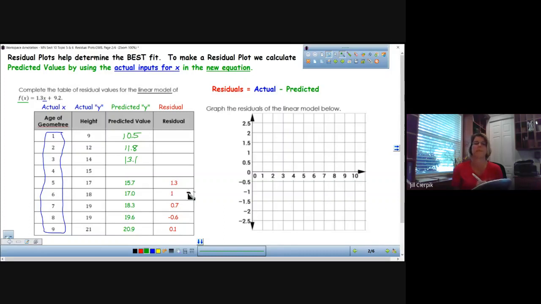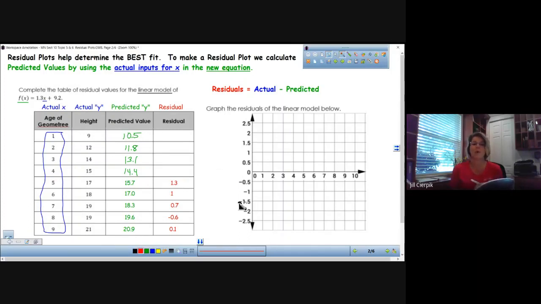Let me double check. Yep. And then if I plug 4 in place of x, multiply and add, I'll get 14.4. So these represent the predicted height of the tree based on the equation that I came up with that I thought represented the data the best.